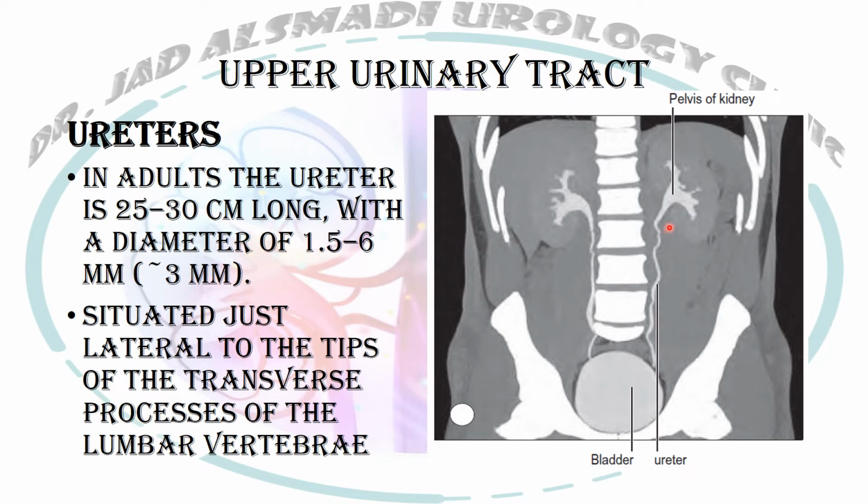In adults, each ureter is 25 to 30 centimeters in length, with a diameter between 1.5 and 6 millimeters. Generally, we can say it's 3 millimeters in diameter, and this diameter is less in three places. The location is usually just lateral to the tips of the transverse processes of the lumbar vertebrae in the abdomen.